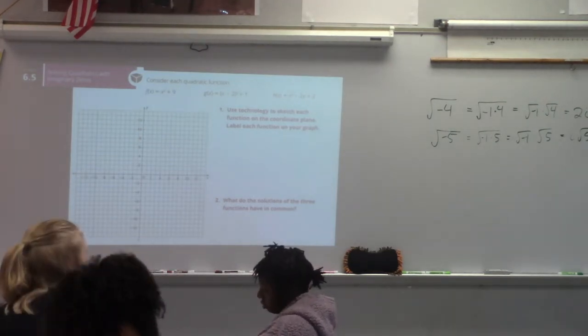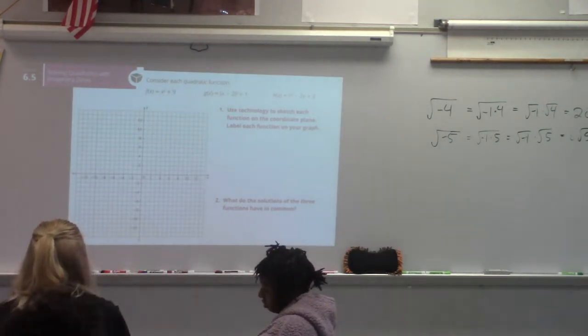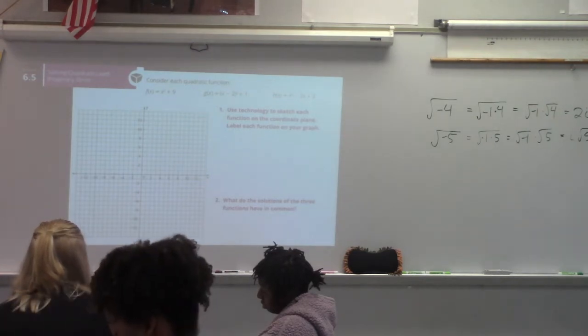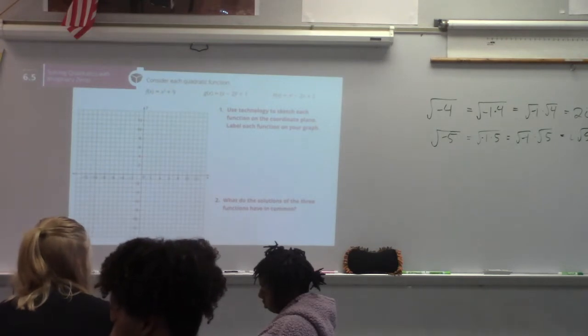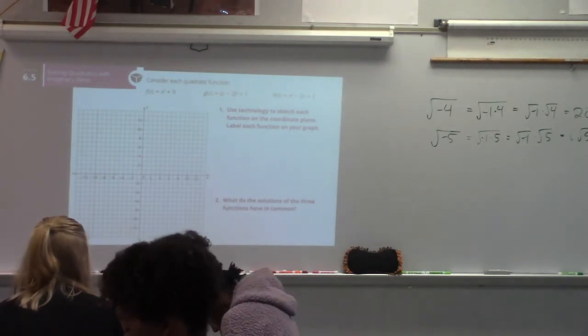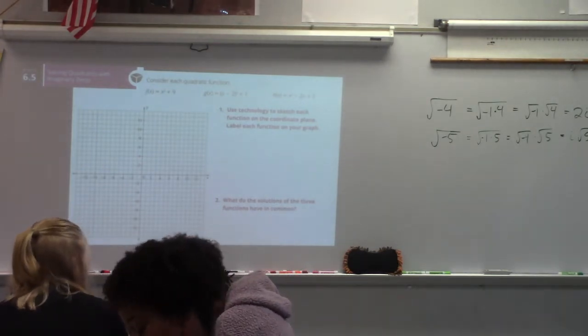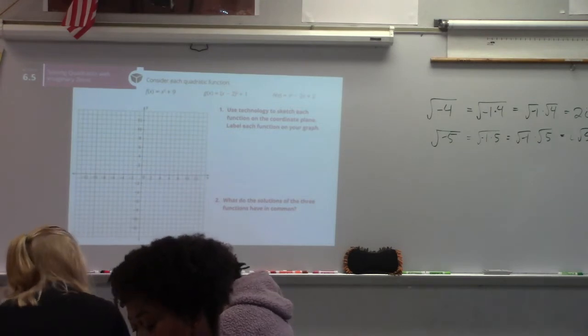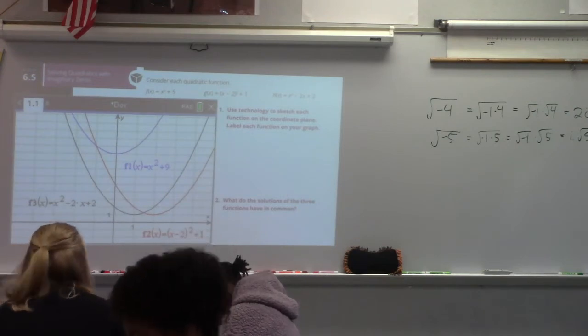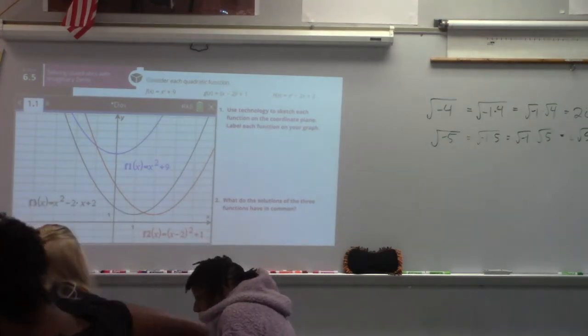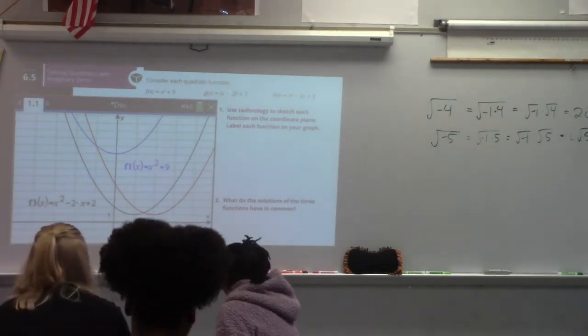Instead of doing that, because that's just going to take time, don't forget if you're at home, you always can get on desmos.com. It's a free graphing calculator, but also I will download TI Inspire software on your computer if you want that. I'm trying to see if it'll work on iPads. But here are the graphs, okay? So it is labeled for each of these.